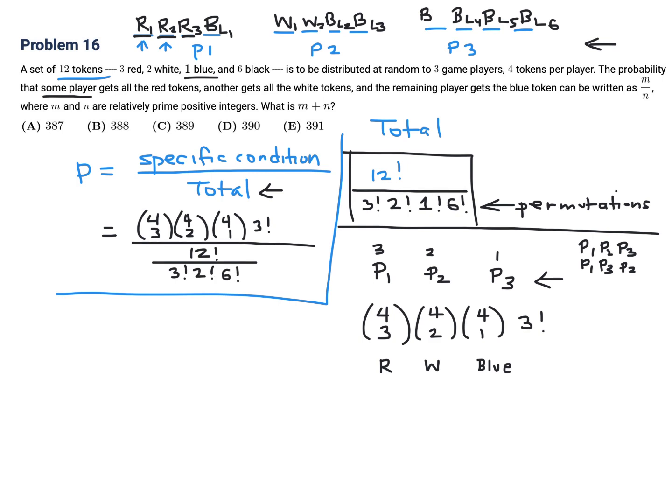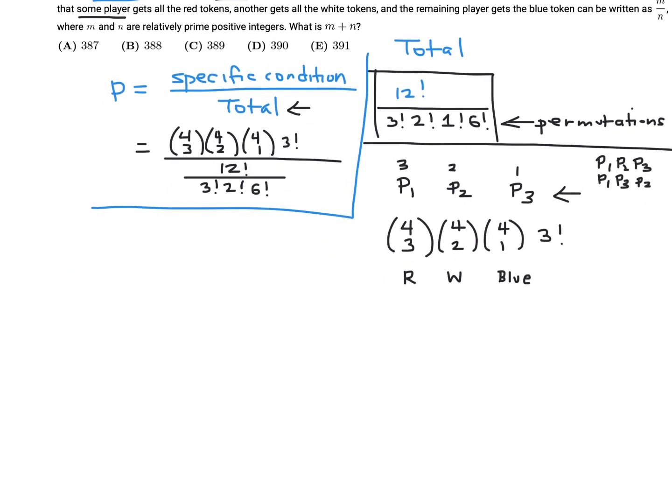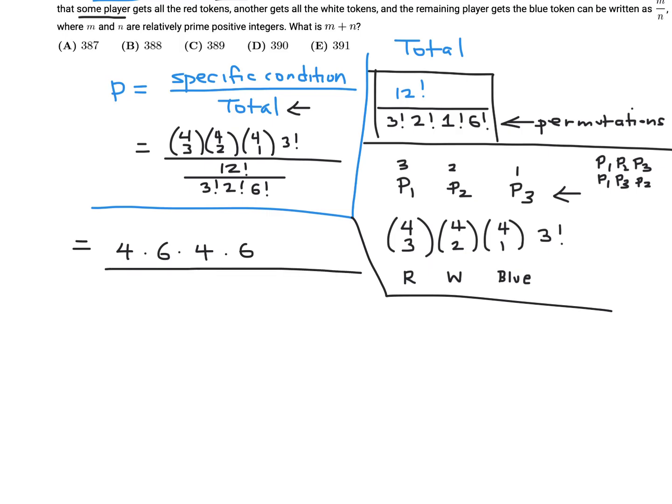Okay. And then now we just have to crunch out this number, and then eventually it'll be a fraction, and then we can answer the question. So let's do this. 4 choose 3, I believe, is 4. 4 choose 2 is 6. 4 choose 1 is 4 times 3 factorial, which is 6. And in the denominator, we have a whole bunch of stuff here. This 12 factorial and the 6 factorial, those I can cancel, because that'll just be 12 times 11 times 10 times 9 times 8 times 7.